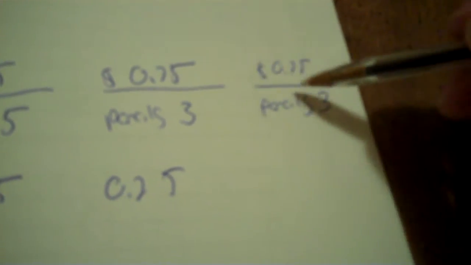So $1.25 divided by 5, I got 0.25. 75 cents divided by 3, 0.25. You want to get what this one's going to be, since it's the exact same rate as that, probably 0.25. Now it's constant. You write constant, but when it's constant, you need to write the constant with the label.